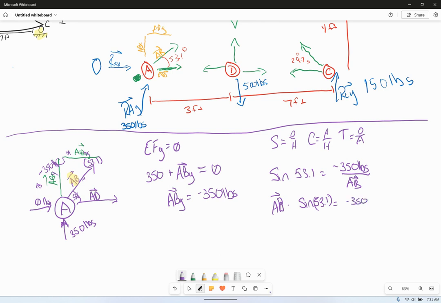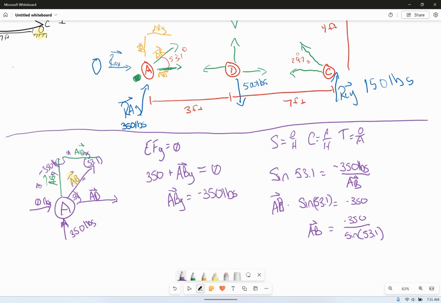So I need to isolate this. My AB vector is equal to negative 350 divided by the sine of 53.1.